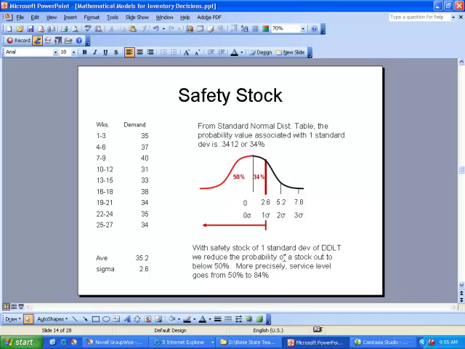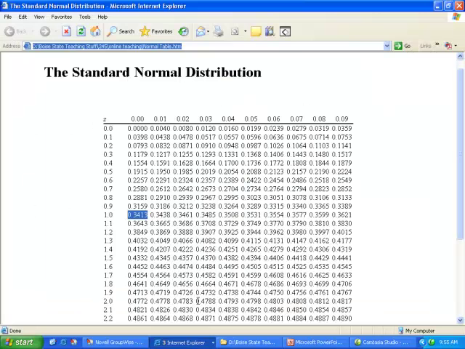Let's go back to our graph. We can put that in there, and we can see that there's an 84% probability that demand is going to be equal to or less than the average plus one standard deviation. Again, that would be about 37.5 units in our example. Let's go back to our standard normal table and see what would be the probability that demand is equal to or less than the average plus two standard deviations.